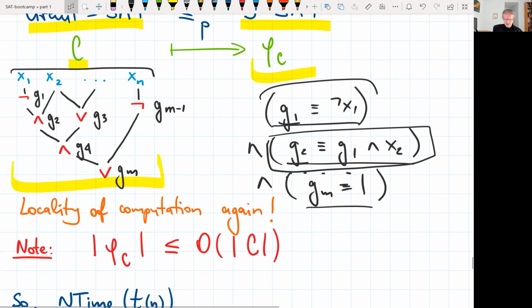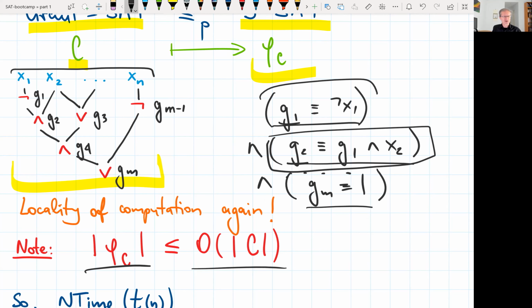The size of this 3CNF that we get this way will be proportional to the number of gates in the circuit, because that's how many conditions we'll introduce, and then each condition will be replaced by a 3CNF of constant size. So the size of the 3CNF that you end up with is big O of the size of the circuit.